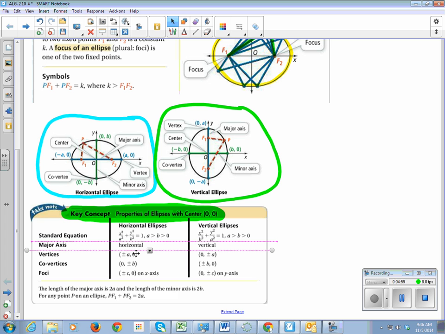So the standard equation is x squared over a squared plus y squared over b squared equals 1.